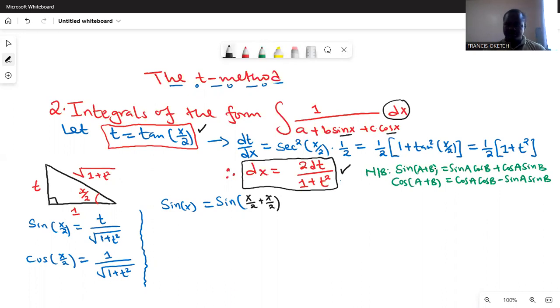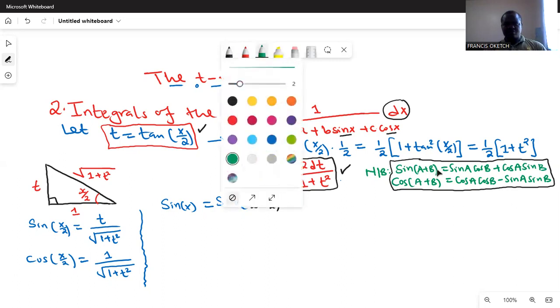They are very, very important. So this note is very important. We are going to use these two identities. One of them will help us expand sine x over 2 plus x over 2. So let's use the first identity to expand sine x over 2 plus x over 2. So what do we get?